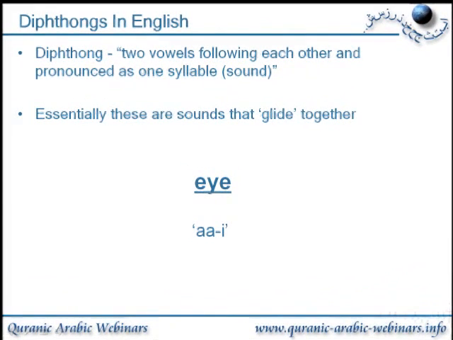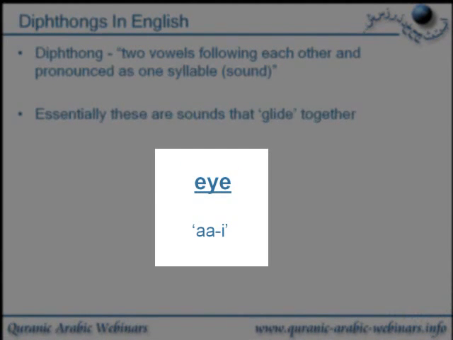So in the English word I, if we break that down into sounds, it's more like a-ee. So it's effectively two sounds merging into one sound to give you a single sound. So that's in English a very simple example: I.